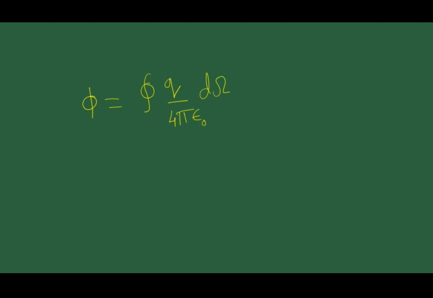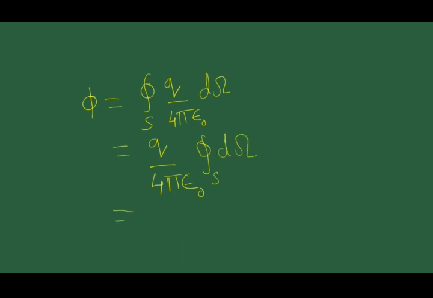Since q is a constant and all these are constants, let me take them outside the integral, and this is over the surface. Q divided by 4 pi epsilon naught, of integral over S d omega.